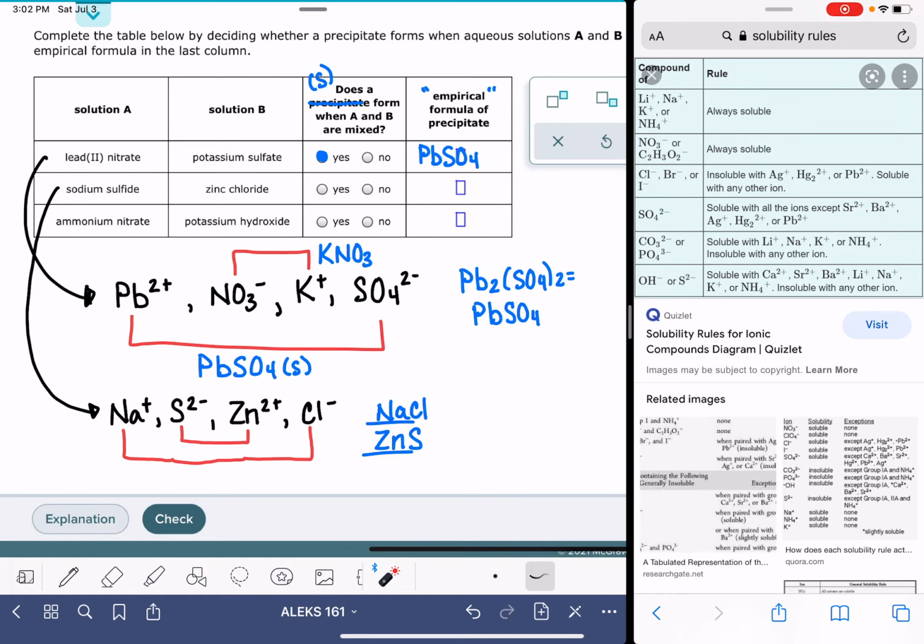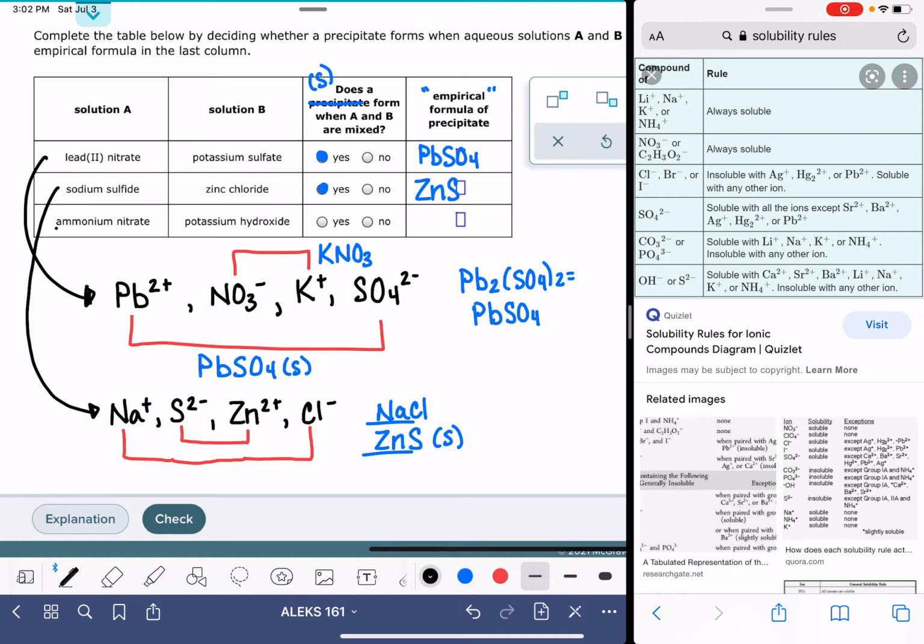If we look down our solubility rules, remember we have to start at the top and work our way down. Here is where we have S2-, and it says S2- is soluble with calcium, strontium, barium, lithium, sodium, potassium, or ammonium, but insoluble with anything else. So that means it's insoluble with zinc. It's a solid with zinc. So this is going to be ZnS.